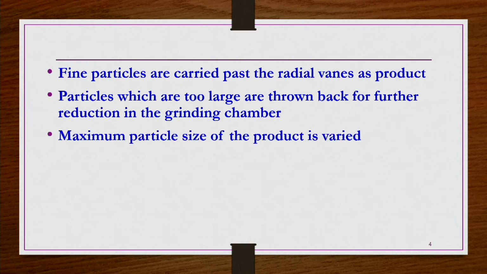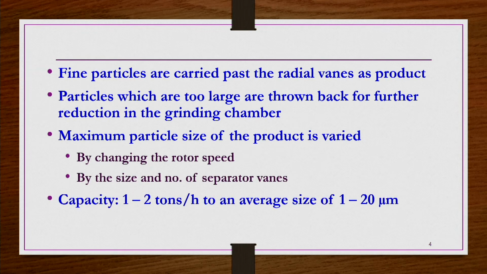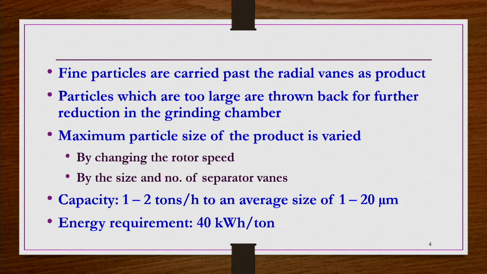The maximum particle size of the product is in general varied by changing the rotor speed or by changing the size and number of separator vanes. The capacity of these hammer mills with internal classification is in general 1 to 2 tons per hour, producing a product of average size 1 to 20 microns, whereas the energy requirement is 40 kilowatt hour per ton of product.